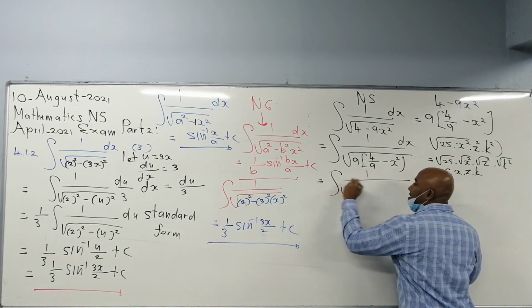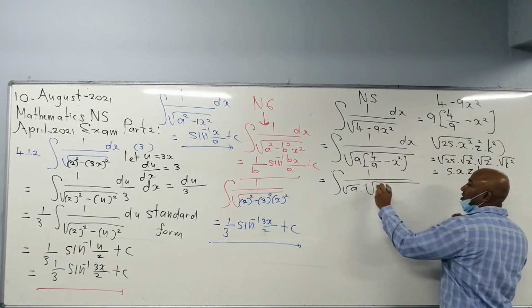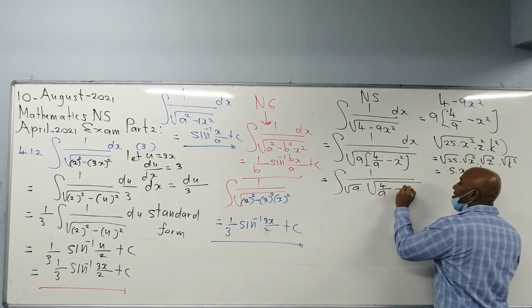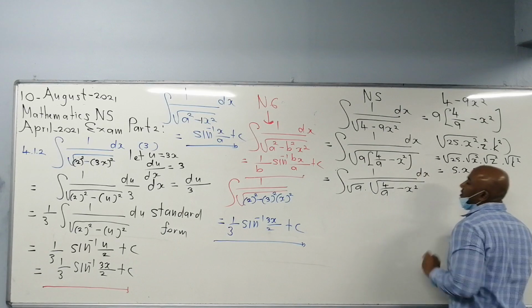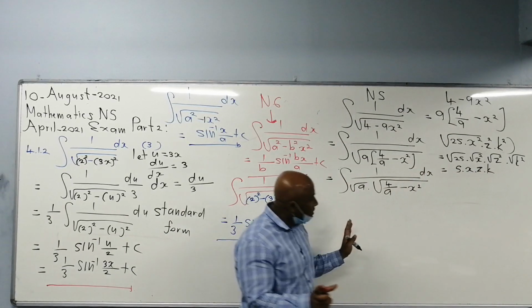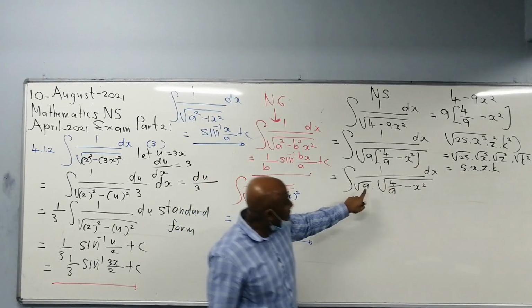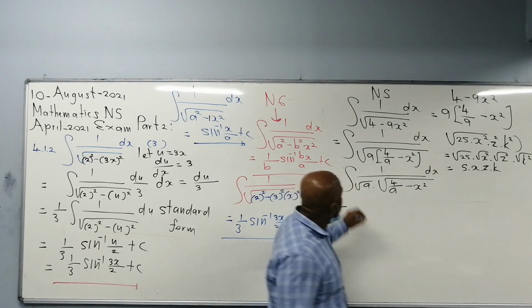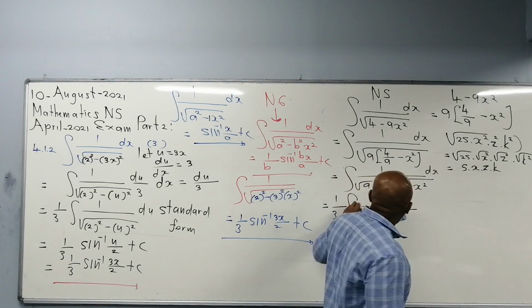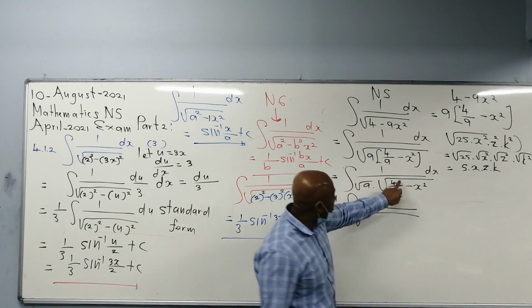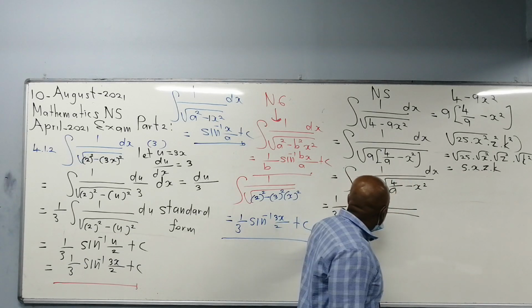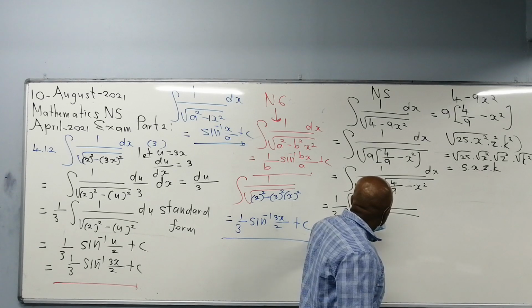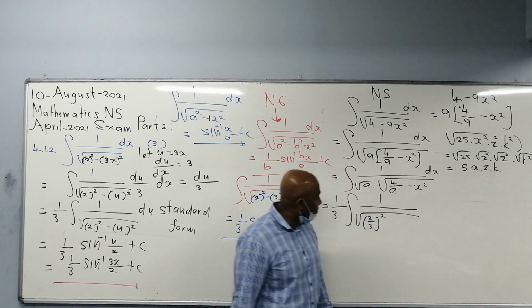and I can write it as the square root of 9 times the square root of 4 over 9 minus x squared. Now I split it up using my exponent laws, and I can find the square root of 9, which is 3. And now, finally, I have it in standard form. 4 over 9 is the same as 2 over 3 all squared. Why?